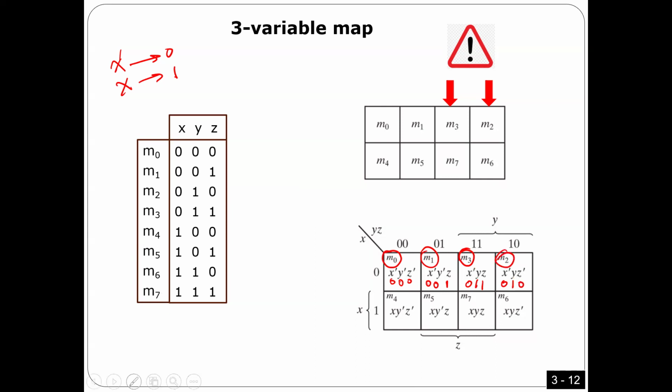So based on that, you can see here, guys, we have minterm 0, and then 1, and then not 2. It's not 0, 1, 2. It's 0, 1, 3, 2, and then 4, 5, 7, 6. Why did we do this switch?